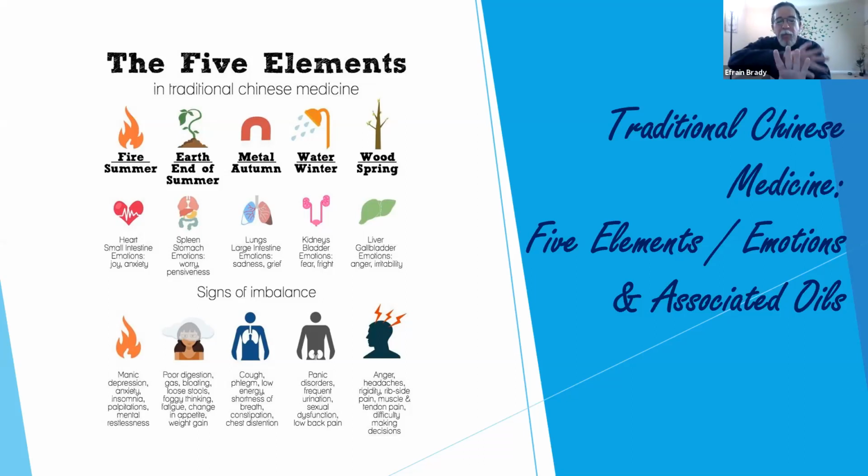So to simplify, if I have the water, in the water I have the kidney and the bladder. And each one of those is a channel. So in the water, I will have the channel of the kidney, the channel of the bladder. And as an emotion, I will have the fear.